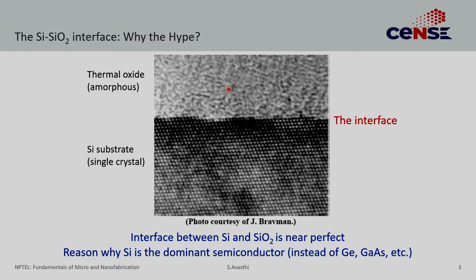You would expect this transition to be not very sharp. It turns out that is not the case. The transition is extremely sharp, just a few atoms thick, and the number of defects is very low. From a material perspective, silicon dioxide interfaces are one of the best interfaces we know how to grow, and this is the reason why silicon is the dominant semiconductor.